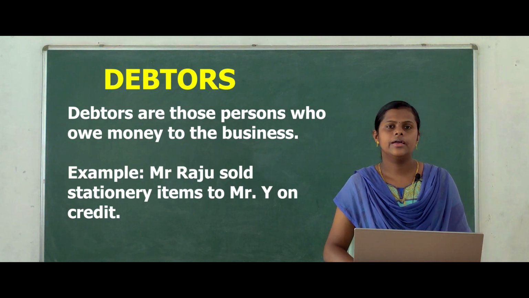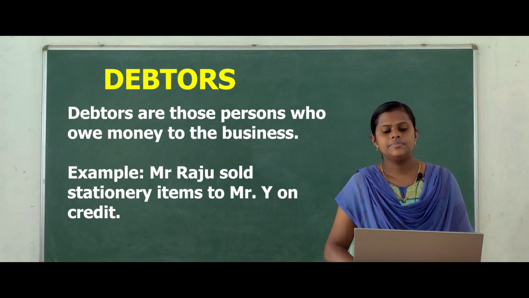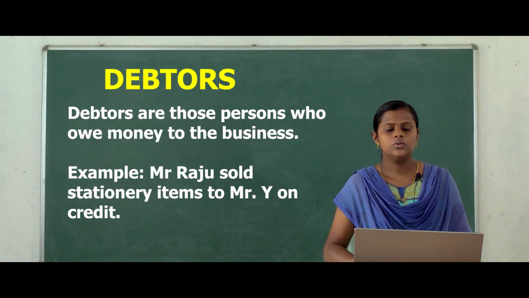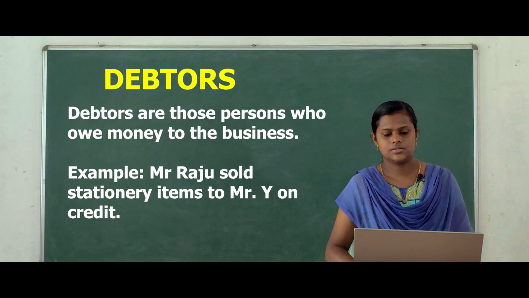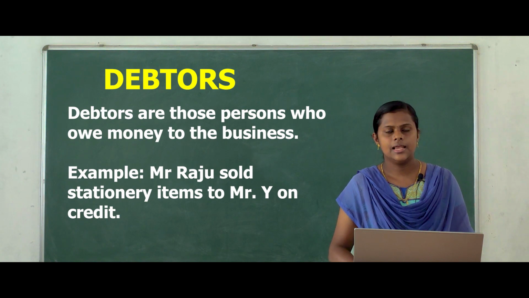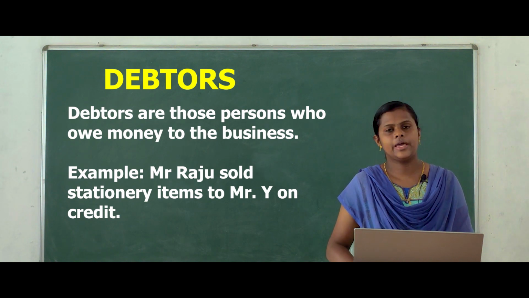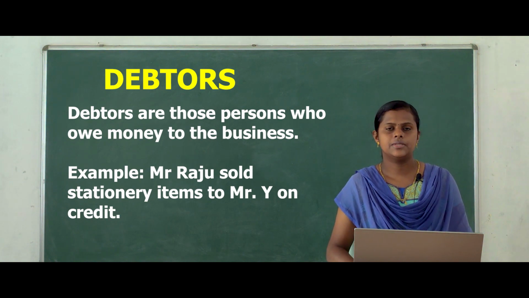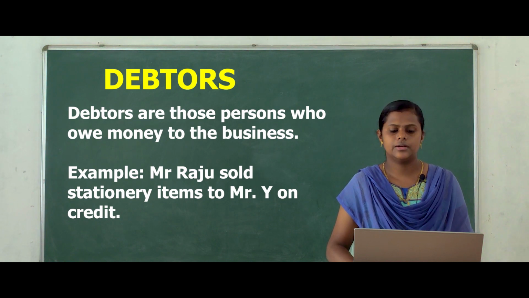The next one, debtors. Debtors are those persons who owe money to the business. Debtor arises when there is credit sale. In the case of credit sale, there is no immediate payment of cash. The money will be settled on a future date.